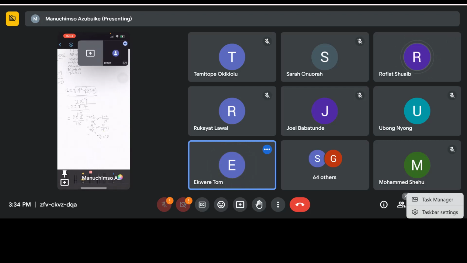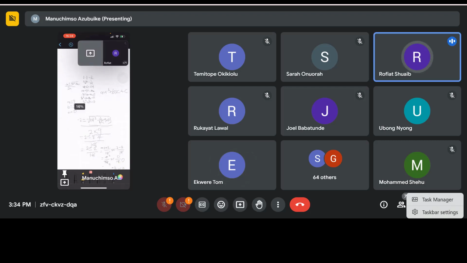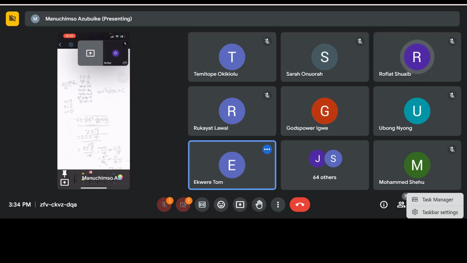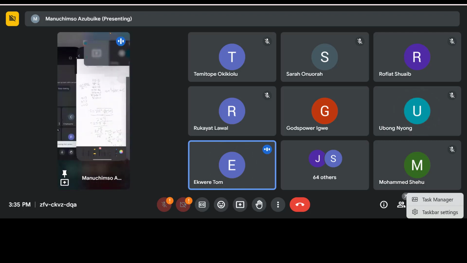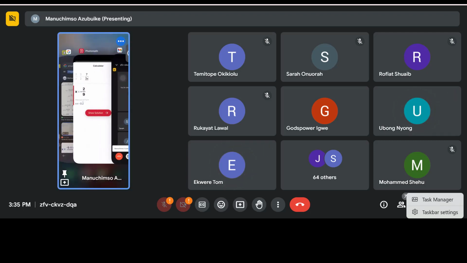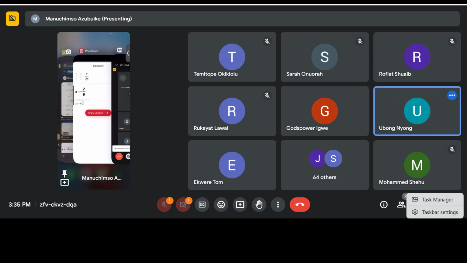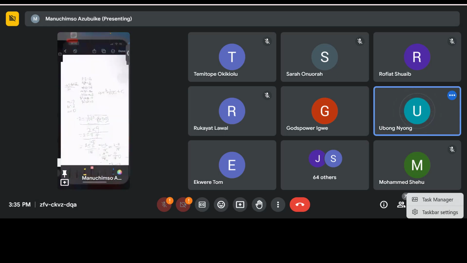Please, I can't see the upper side properly. Please, what kind of calculator did you use to calculate this and get the answer? To confirm. Is this app called Photomath? Photomath. Okay, Photomath.